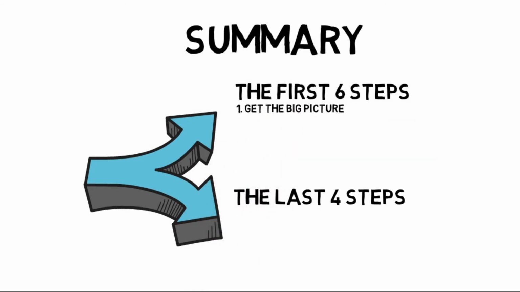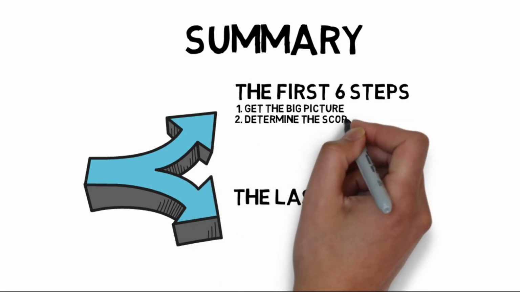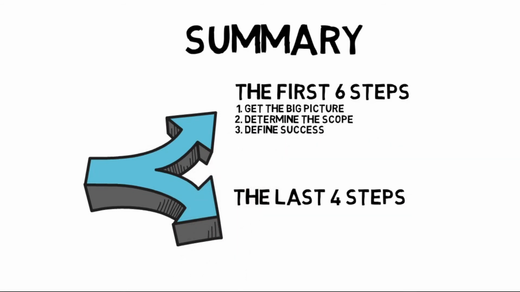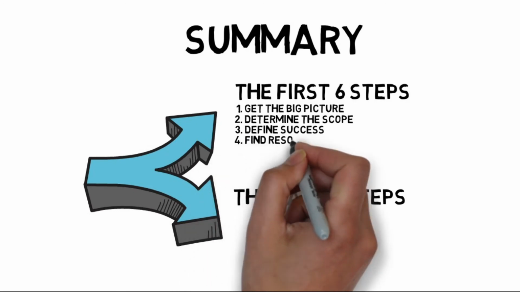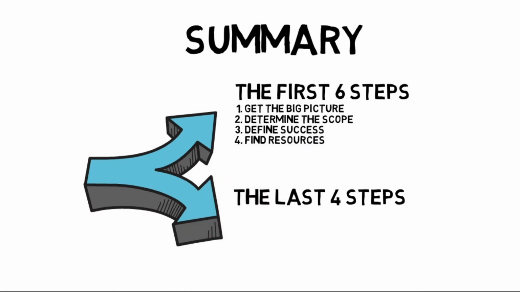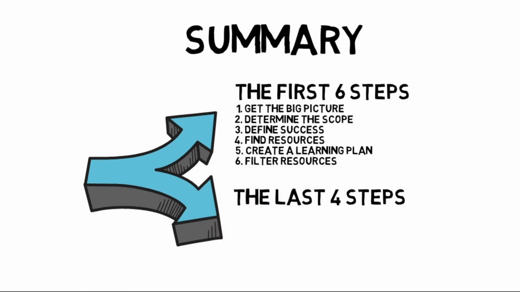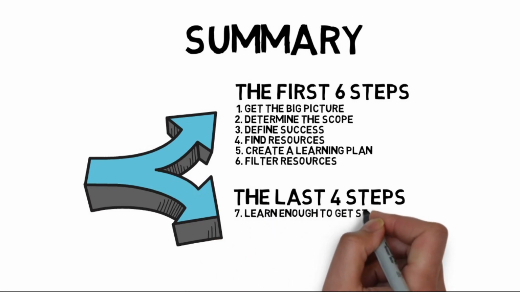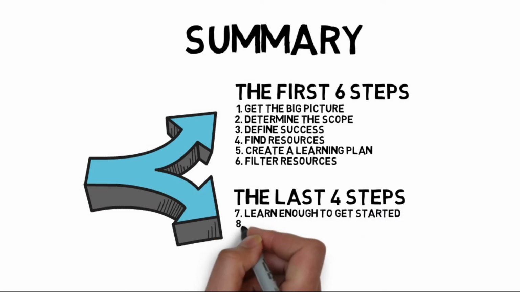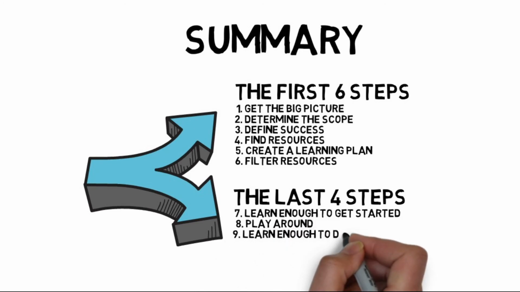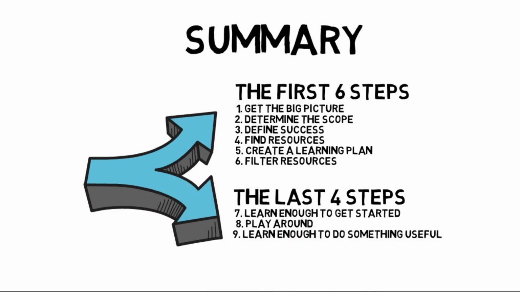The steps are to get the big picture, to determine the scope, to define success, to find resources, to create a learning plan, to filter resources, to learn enough to get started, to play around with the material, to learn enough to do something useful, and the last step is to teach.